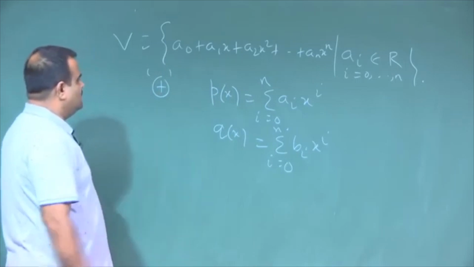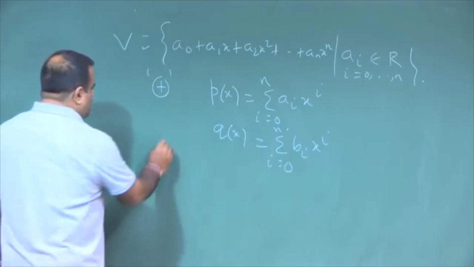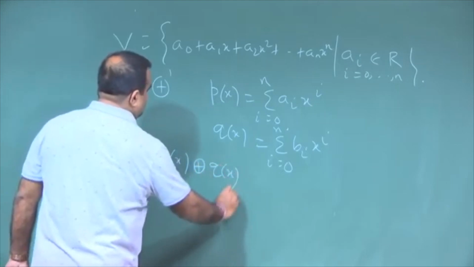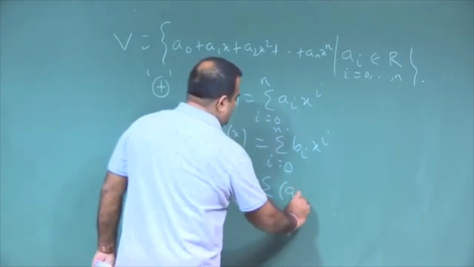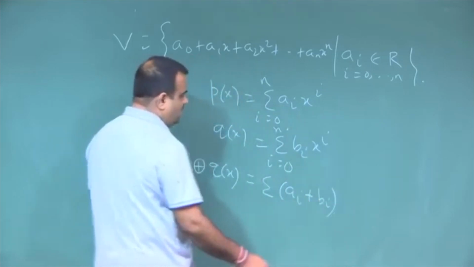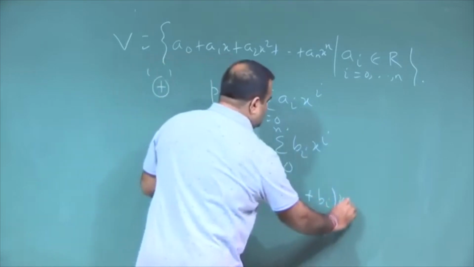So, how do we define the plus? Just the corresponding summation of (ai plus bi) x to the power i, because this is the plus over the field R.